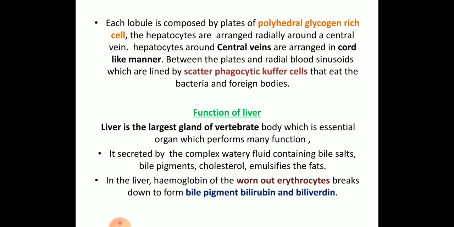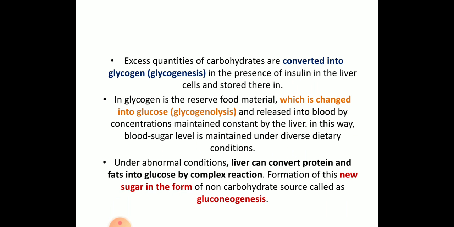The functions of the liver are numerous, mainly detoxification, and worn out erythrocytes are broken down by the liver cells. It also helps in producing the fluid containing bile salts, bile pigment and cholesterol. These are all mainly controlled by the liver, and it also helps in the conversion into glycogen, that is glycogenesis, and glycogenolysis. These are very important terminologies which can be asked for 2 marks.